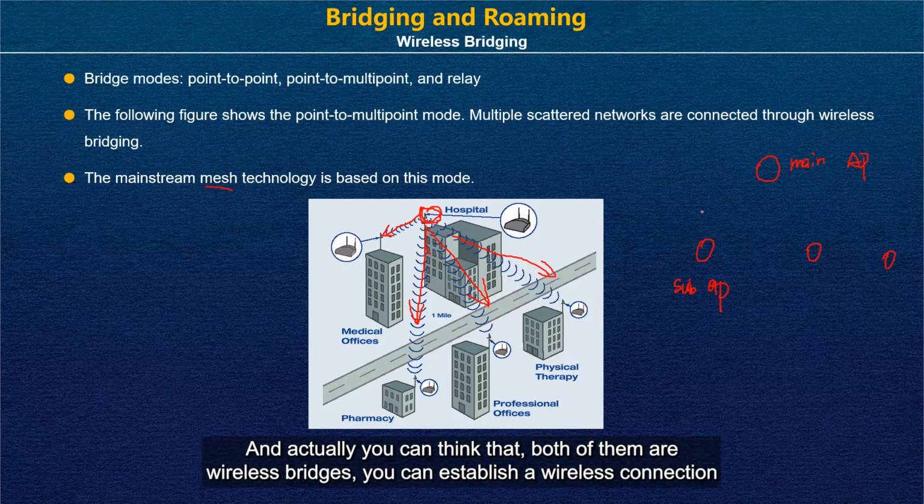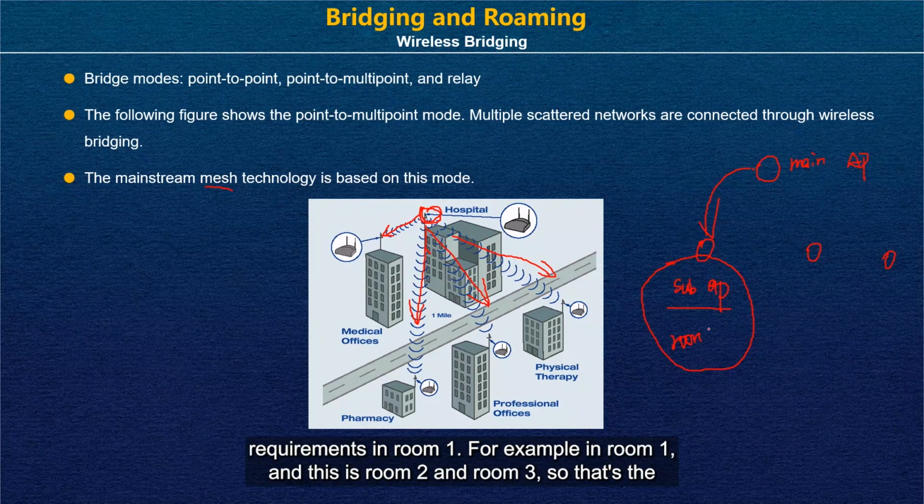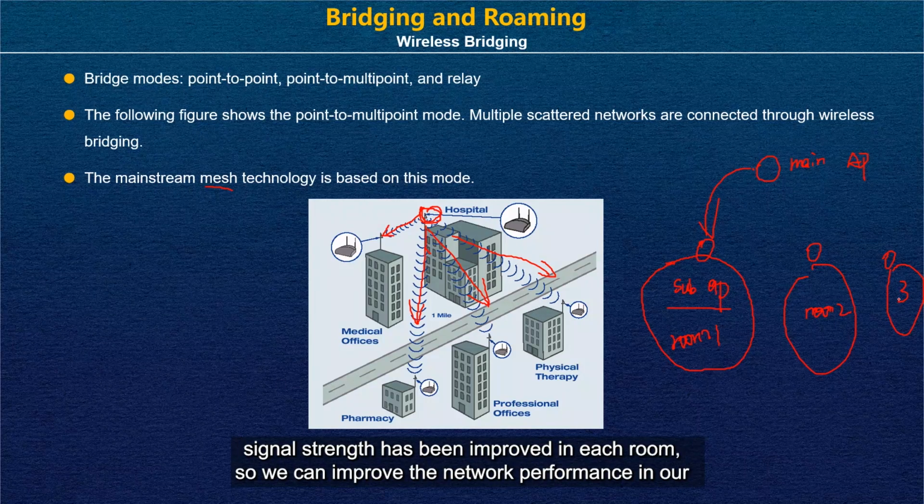And actually, you can think that both of them are wireless bridges. You can establish a wireless connection with each other, so that this sub-AP can send out signals to satisfy the requirement in room 1, and this one in room 2 and room 3, so that the signal strength has been improved in each room.